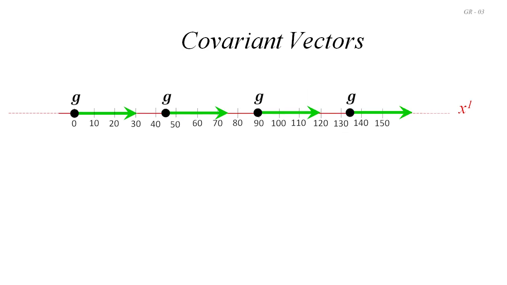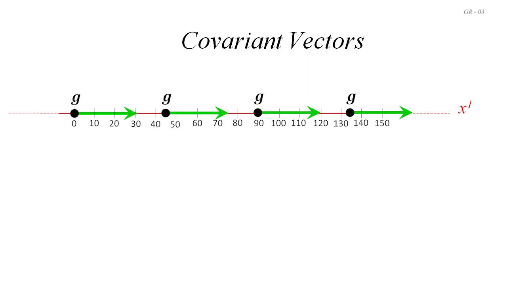Don't forget, the arrows here are simply to give us an indication of the size and direction of the field, and are not necessarily related to the scale readings where they happen to be. However, the value of the field obviously does have a relationship to the x1 scale, as we'll discuss in a moment.